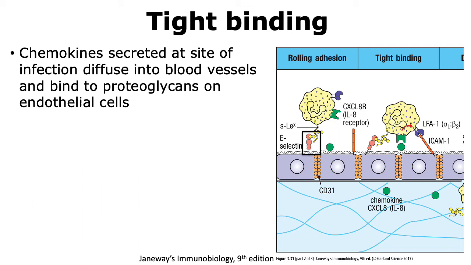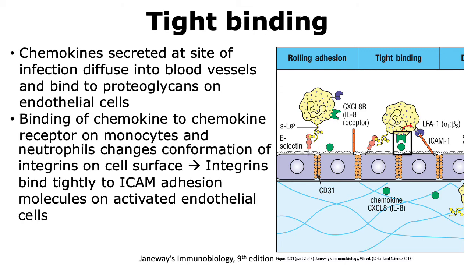From our previous slide, we saw that the neutrophils have slowed down in their speed and they're rolling across the blood vessel because of the association of the selectin that is present on the blood vessel with the sialyl Lewis X carbohydrate moiety that is present on the surface of the neutrophil.